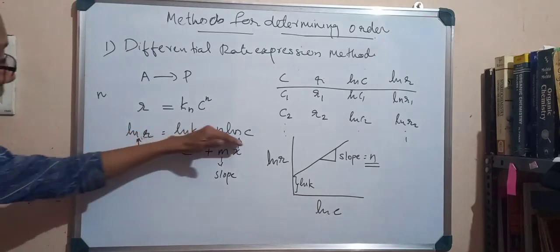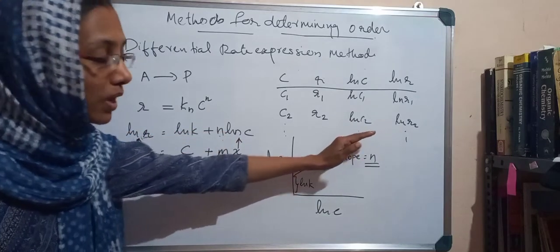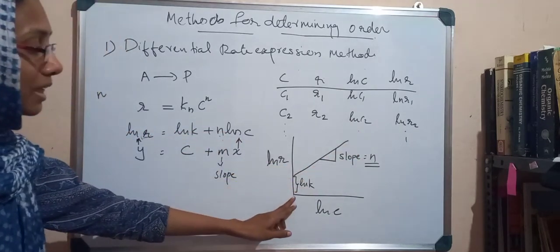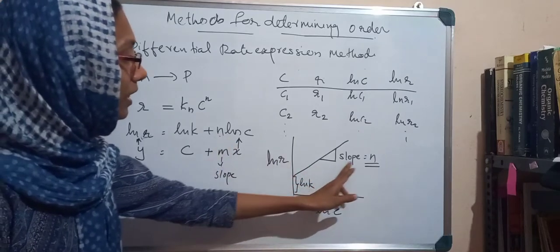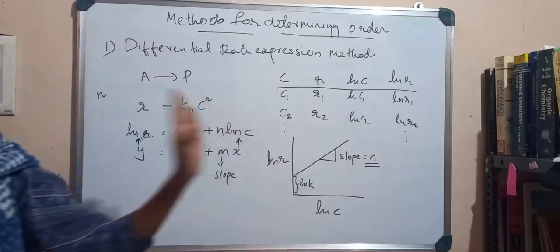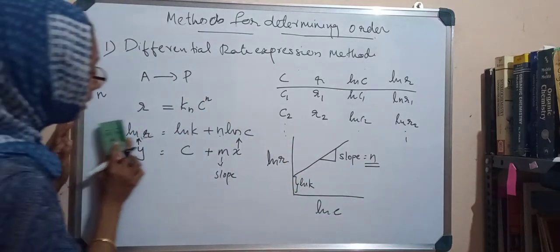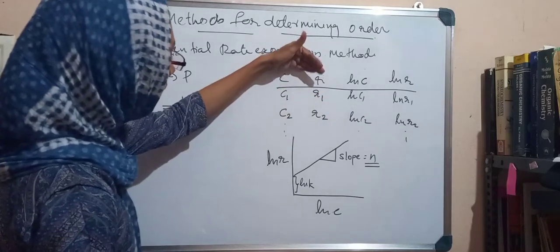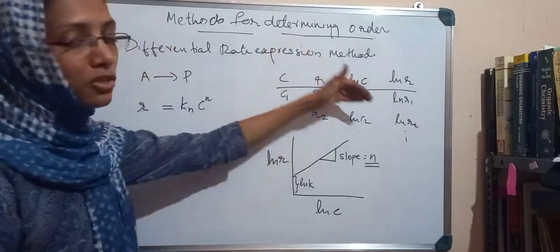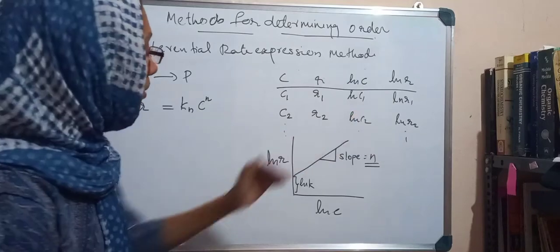According to this equation, it is a straight line with a y-intercept. The y-intercept is ln K, and from the slope of the straight line we can directly get the order of the reaction. Then, another way using the differential rate expression method: we have a large number of concentrations and the corresponding rates for the reaction.